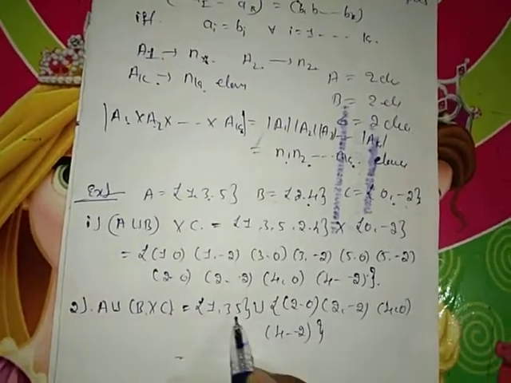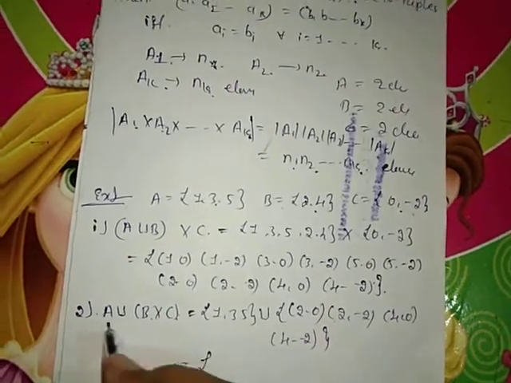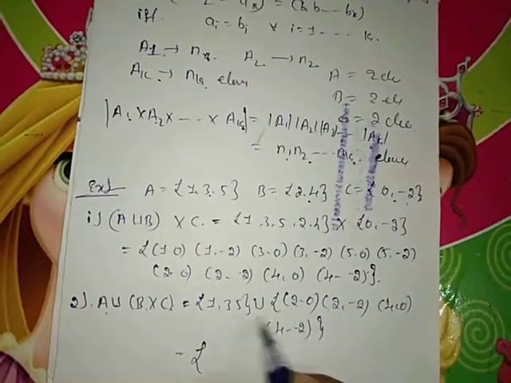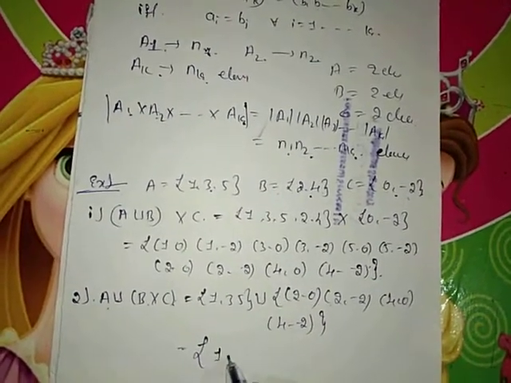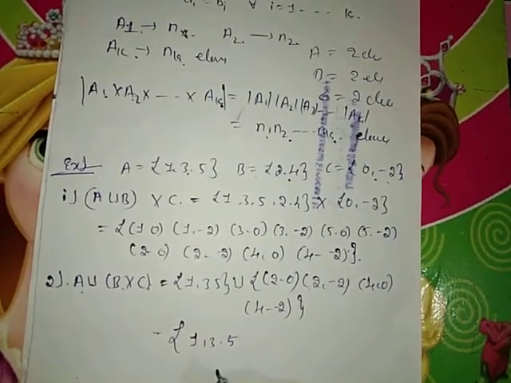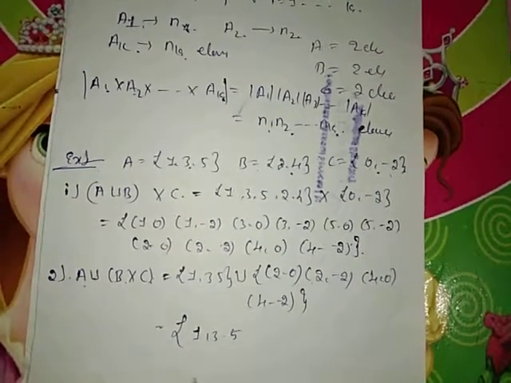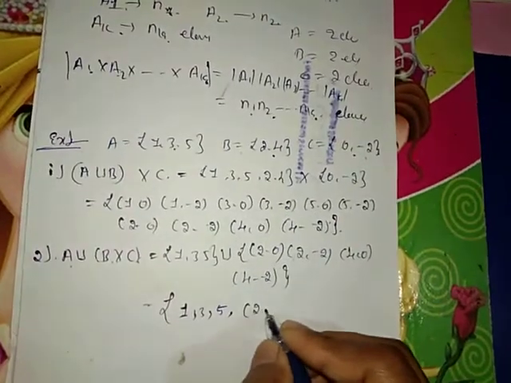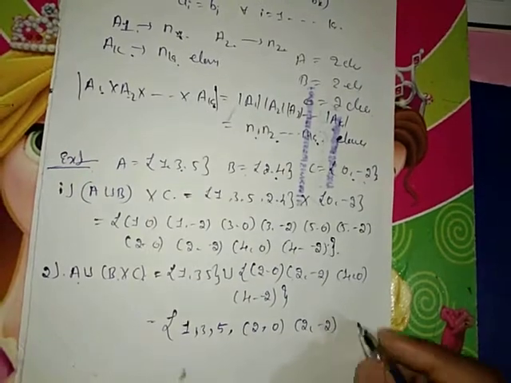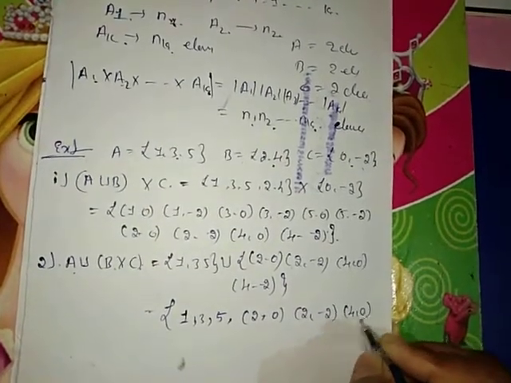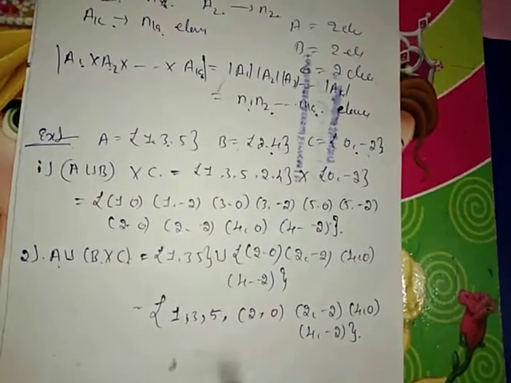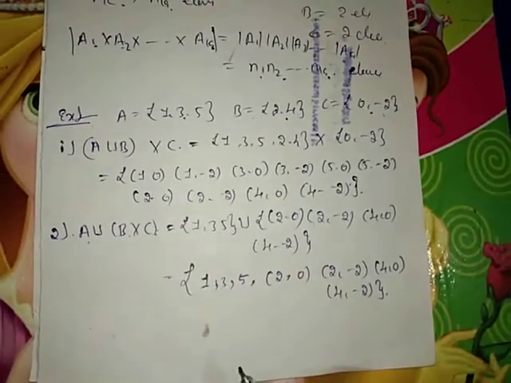So now A union (B cross C): consider this entirely as a set. A union B cross C is 1, 3, 5, (2, 0), (2, minus 2), (4, 0), (4, minus 2). That is how to find out the union of sets.